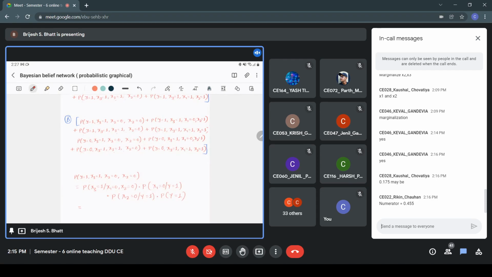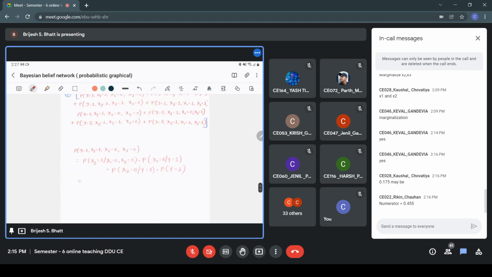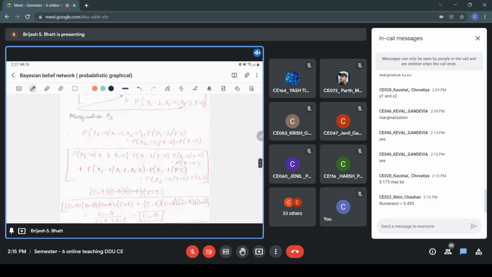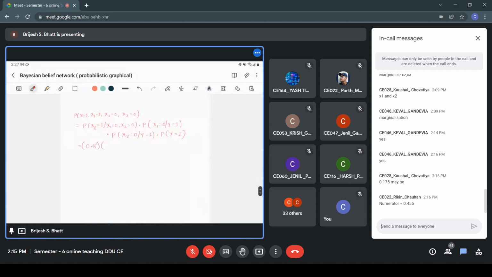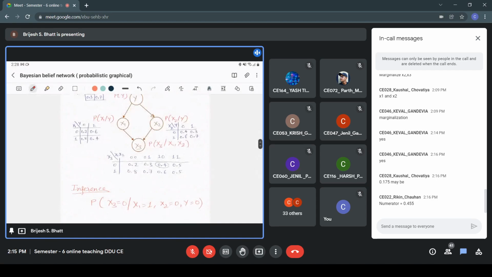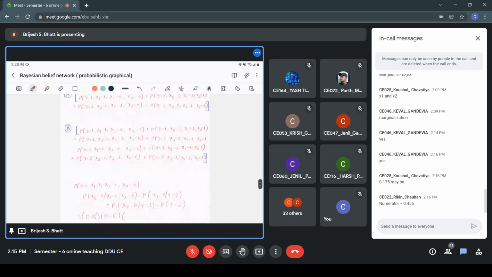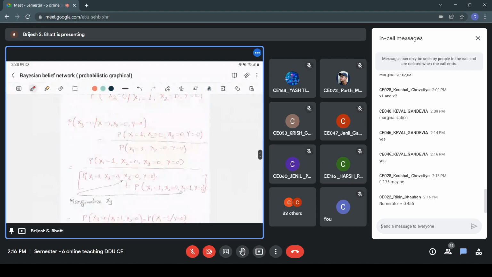So x3 equal to 1 given x1 and x2 equal to 0 was 0.8, multiplied by x1 equal to 0 given y equal to 1, that is 0.6, multiplied by x2 equal to 0 given y equal to 1, that was 0.3, multiplied by y equal to 1, that is 0.7.